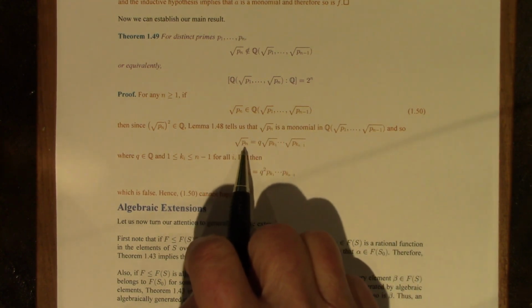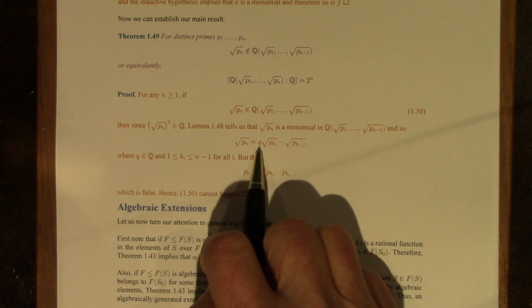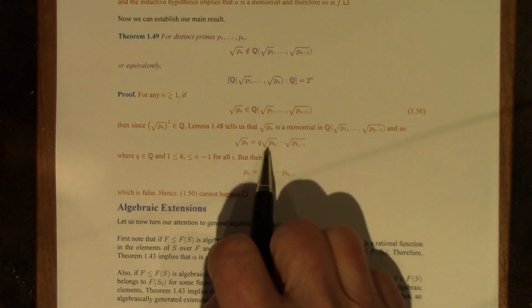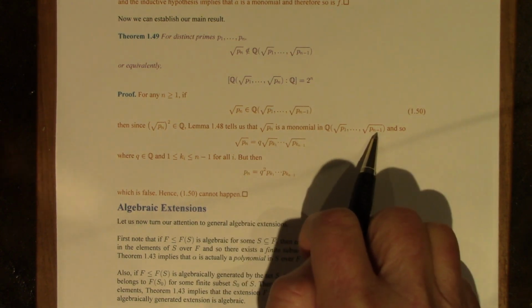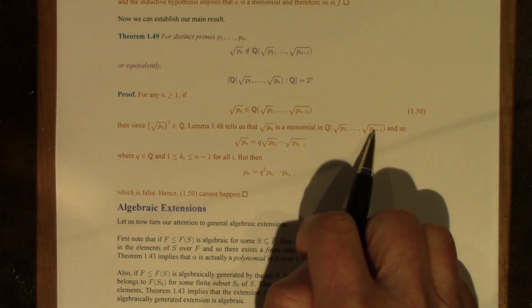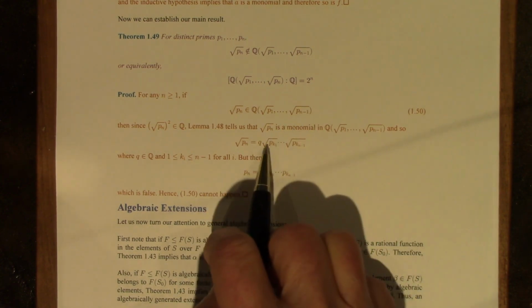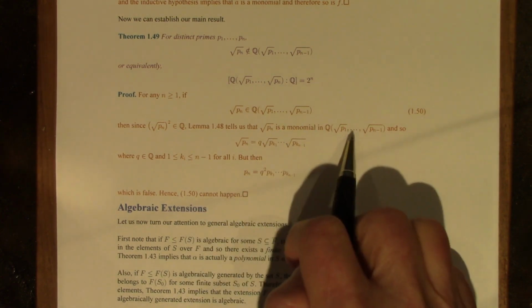And so square root of Pn is a rational times a product of some of these square roots, maybe all, but not necessarily. This is a one-term polynomial in these guys.